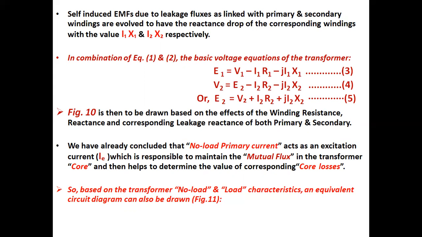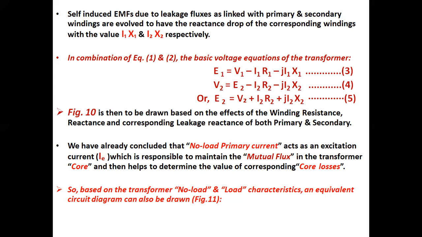So, in combination of equations 1 and 2, the basic voltage equations of the transformer are: E1 equals V1 minus I1 R1 minus j I1 X1.